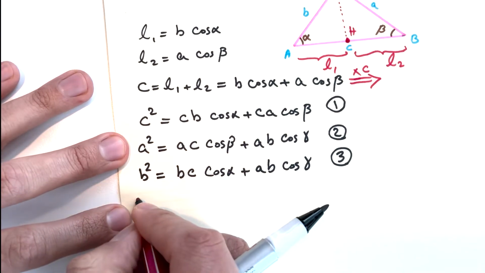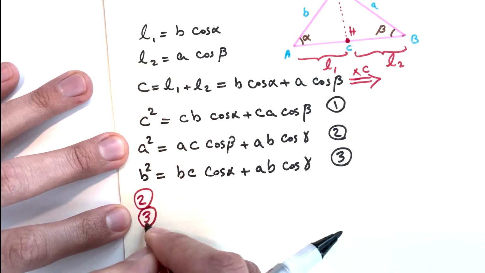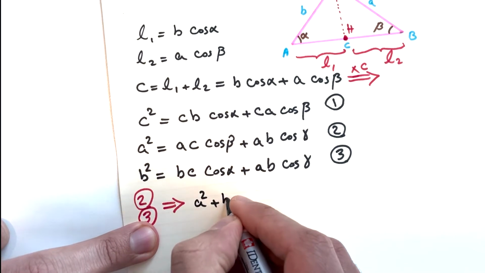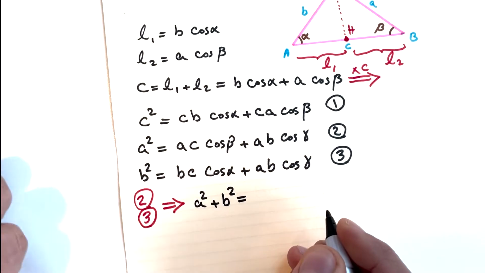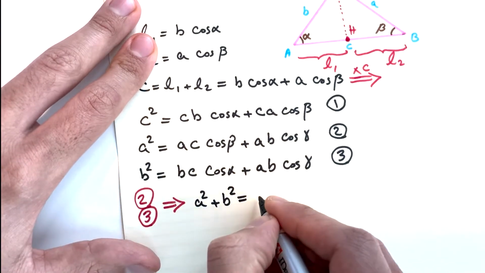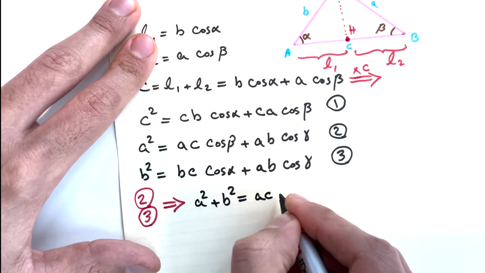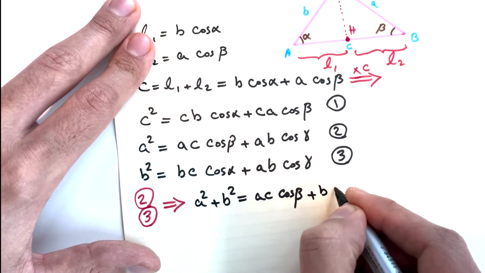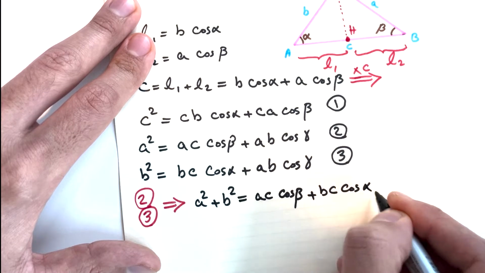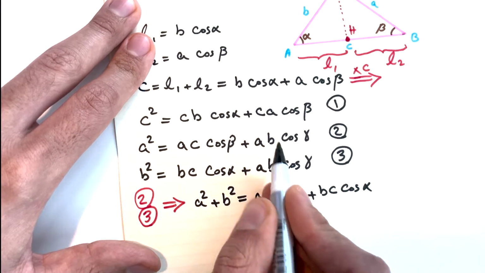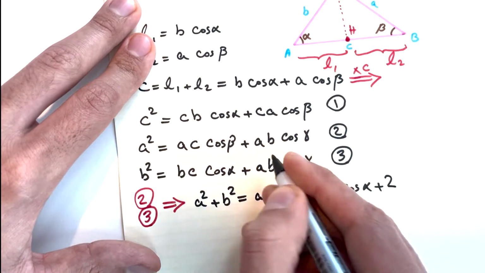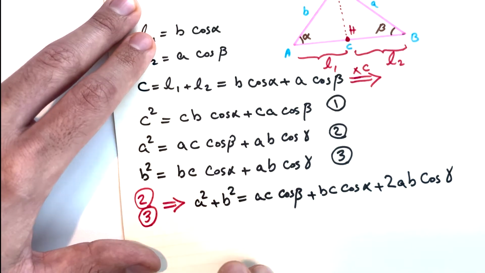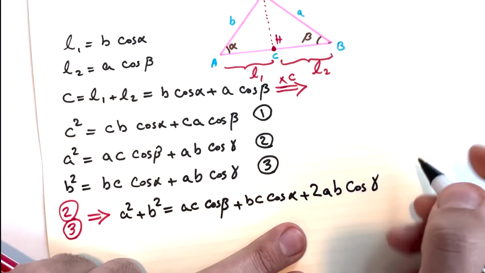From equation 2 and equation 3, I can write: a square plus b square is equal to ac cosine beta plus bc cosine alpha, and these two ab cosine gamma parts are equal, so it will be 2ab cosine gamma. Let me call this equation number 4.